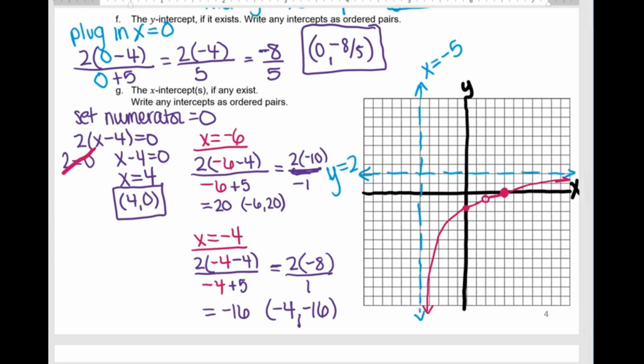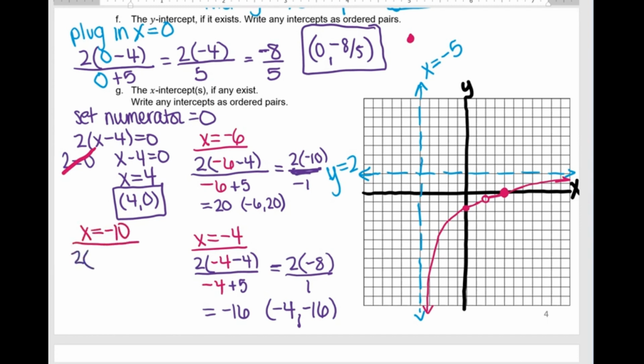Okay. On the left-hand side, we know -6 has 20, which is way up here. So we know it's getting really positive when we get closer to x equal -5. Let's plug in another value over on the left just so we can make sure it's getting close to 2. So let's see, 5, 6, 7, 8, 9, 10. Let's see what happens at x equal to -10, just because we can.